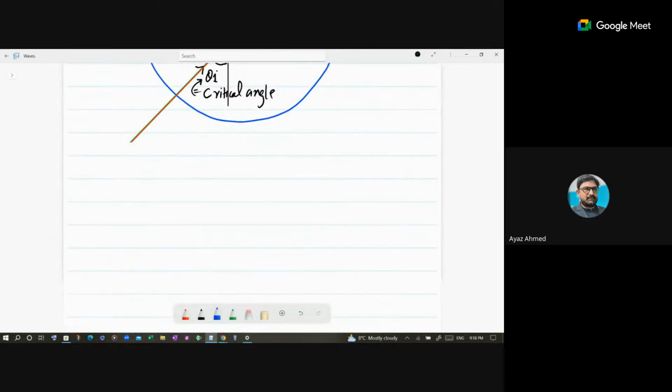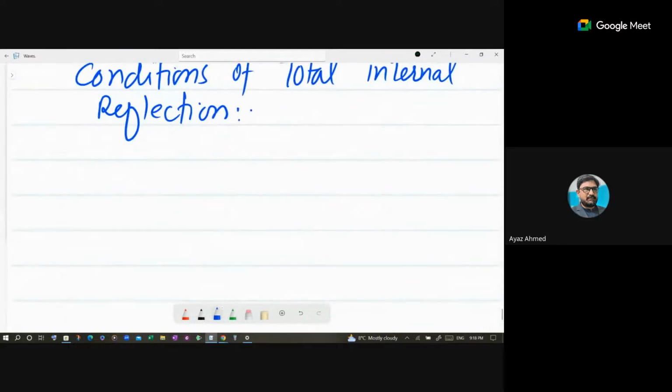So total internal reflection has some conditions. Conditions of total internal reflection: if the angle of incidence is greater than the critical angle, then total internal reflection will take place.